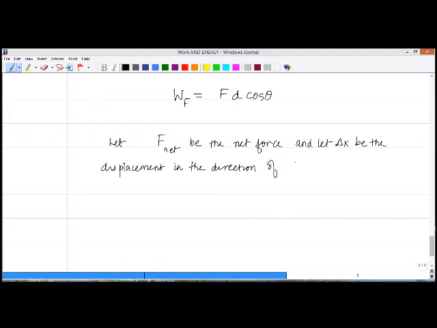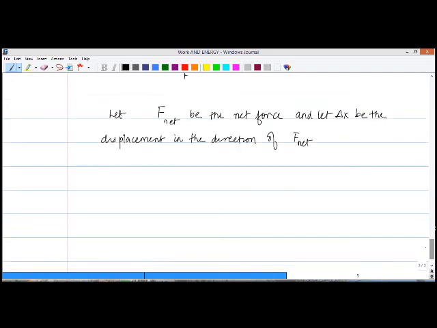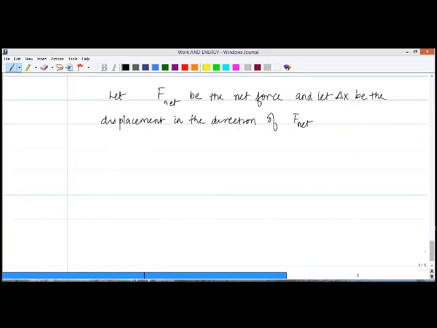Now we're using a very specific case here, but we'll see that it is actually quite a general assumption. Since we're going to derive all this without the use of calculus, it's easier to just assume that the displacement is in the direction of F net.